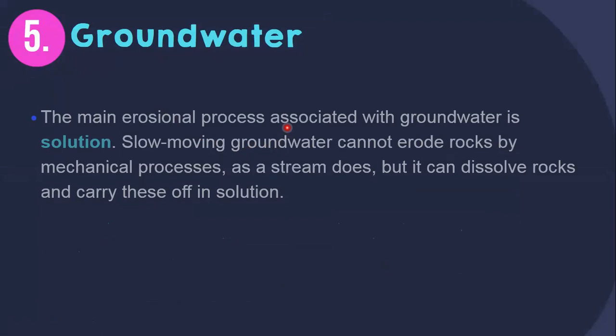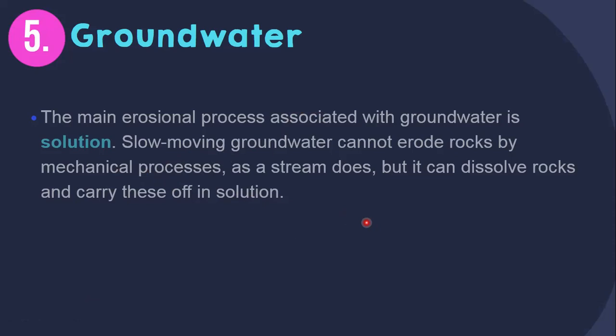So most likely, this is your groundwater as an agent of erosion. It does a chemical process, not a mechanical process, just like your stream. So by solution, by dissolving some part of your rock, it can travel with some part of that rock.